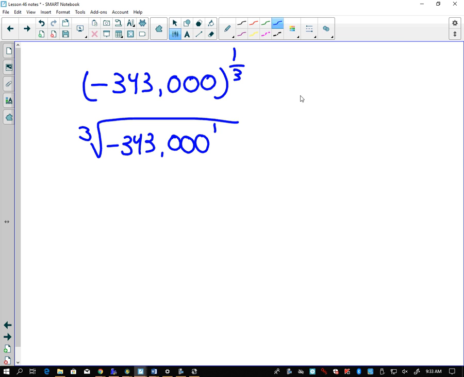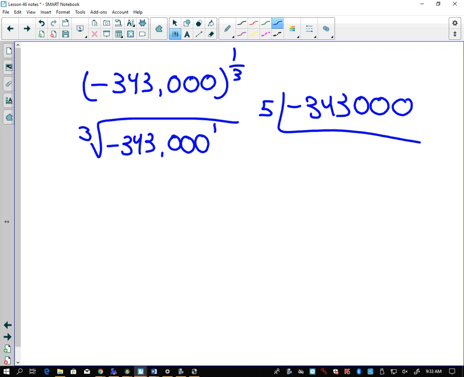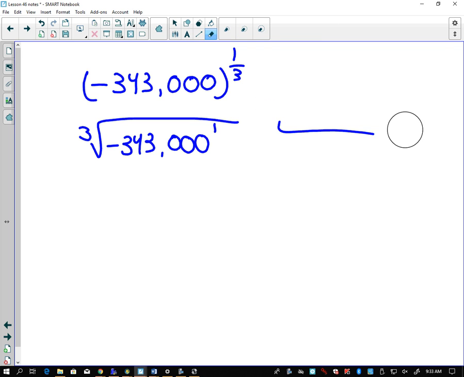Negative 343,000. What could we divide that by? Probably 5, right? 5 would be a good prime. What's negative 343,000 divided by 5? We're probably going to get a pretty big number here, so I'm going to start up a little bit higher and a little bit smaller.